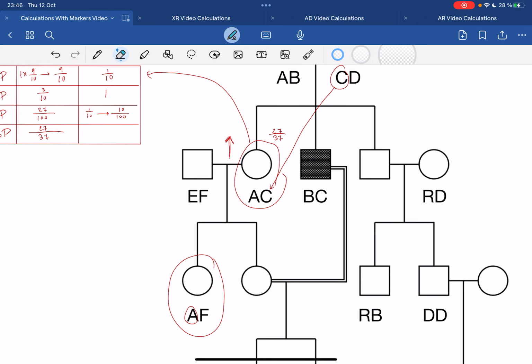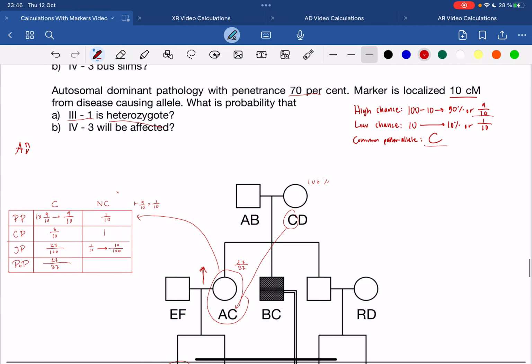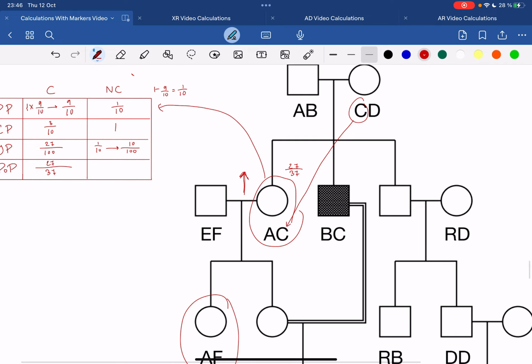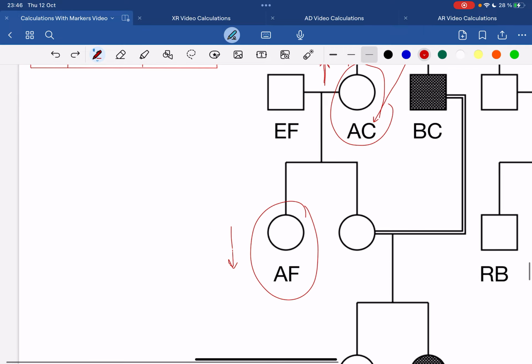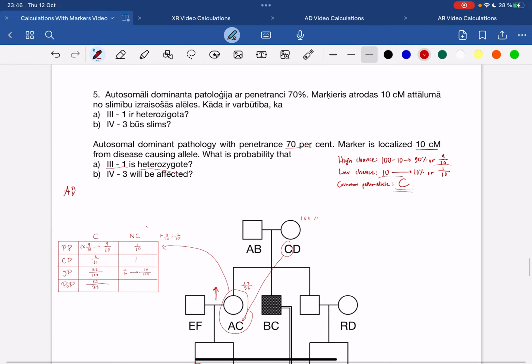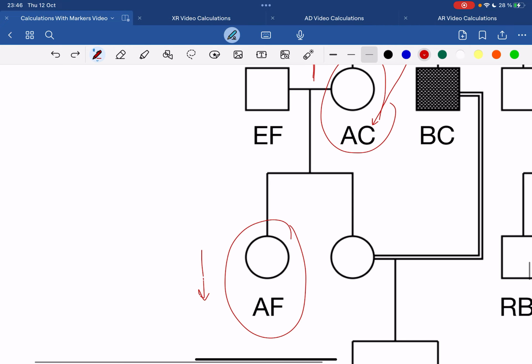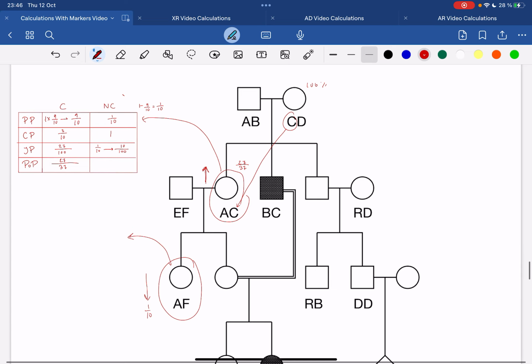The actual common pathogenic allele is C and not A. This person hasn't gotten the C from the mom, so therefore there's a low risk. Why? Because this A could still be a C undercover. So there's a low risk, and our low risk is 10%, so 1 in 10, and we add this into a Bayesian table.